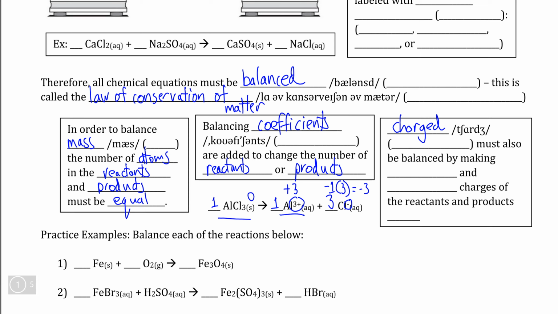So charge must also be balanced by making the positive and negative charges in each of the reactants and products equal once again. Now we can see aluminum chloride has a charge of 0, and aluminum 3+ and 3 Cl- means positive 3 minus 3 is also equal to 0. So by balancing each of the atoms, in this case, we also balanced the charge, and generally this is going to be true.